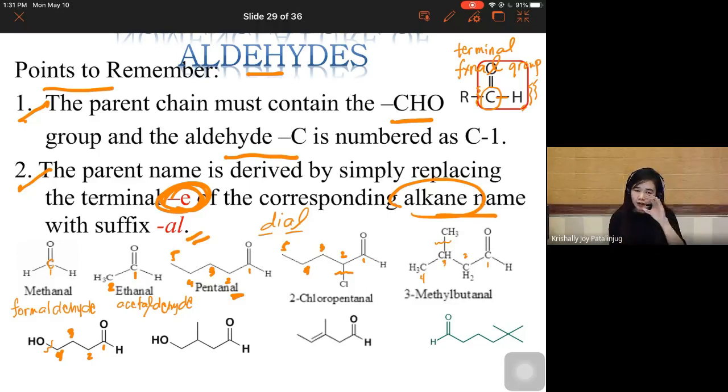Basta makakita kag carbonyl containing molecule, then na ay OH, okay, na ay benzene ring, those parts will become a substituent. Ang OH, that is named as hydroxy. Okay? Kung substituent siya, that is hydroxy.